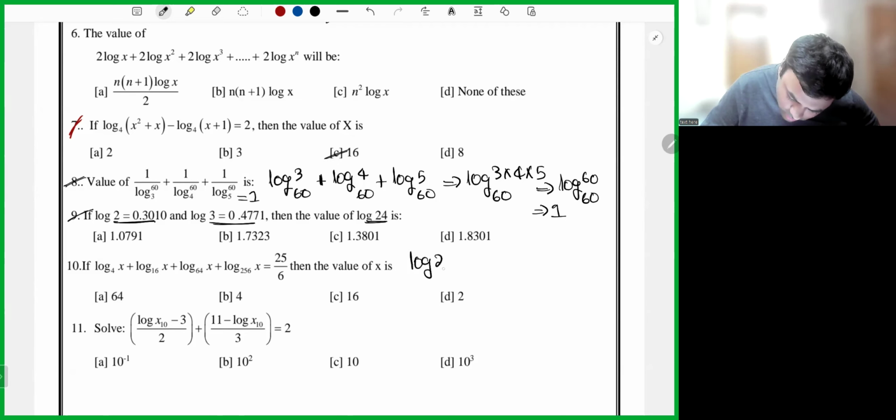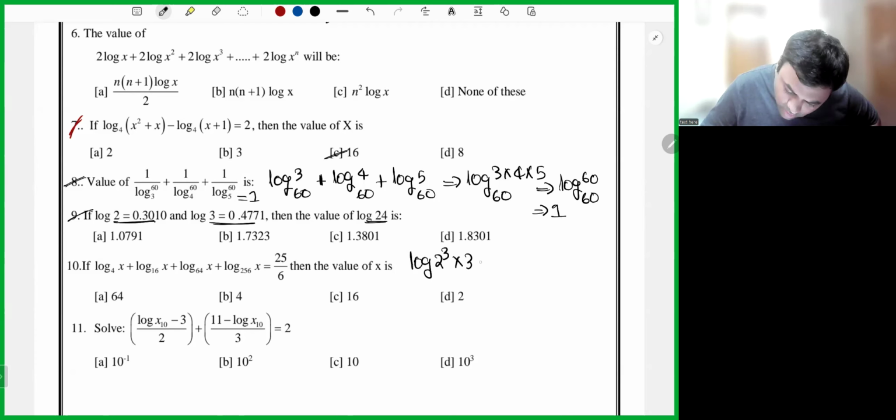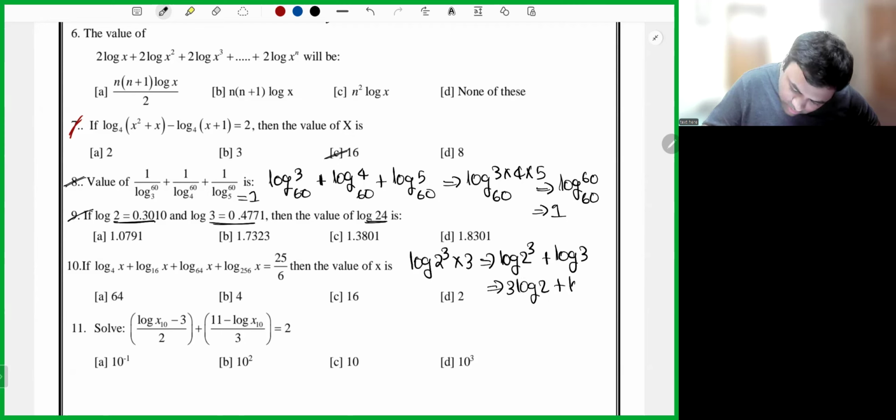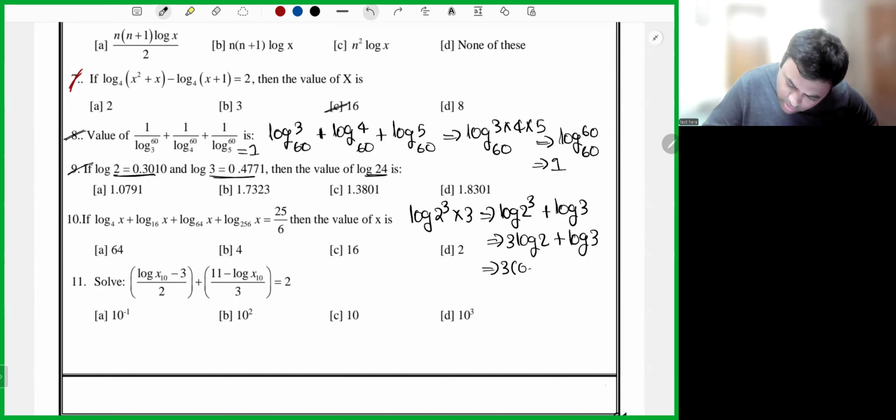Log 2 cube into 3. 2 cube is 8. 8 into 3 is obviously 24, sir. Now, what is log AB? Log A plus log B. Log 2 cube, I'll write it as 3 log 2 plus log 3. 3 into, what is log 2 value? 0.3010 plus log 3 value 0.4771. Let's get the final answer.